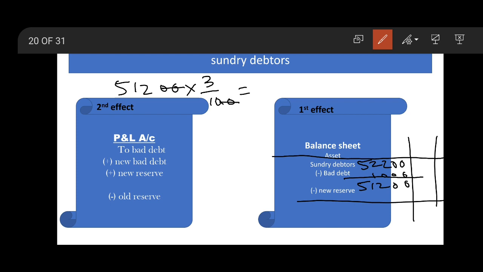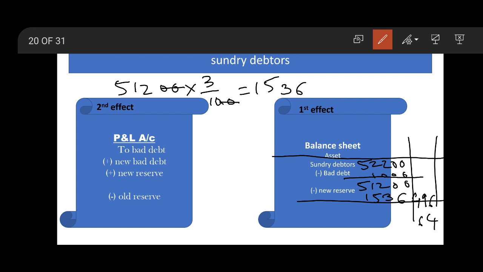How much will you get? 1536. So this 1536 is nothing but your new RDD. Again this 1536 you have to deduct from 51,200 and get in the outer column 49,664. So these were the adjustments in the balance sheet.